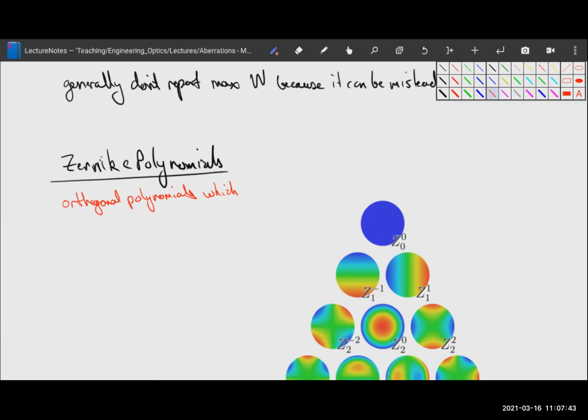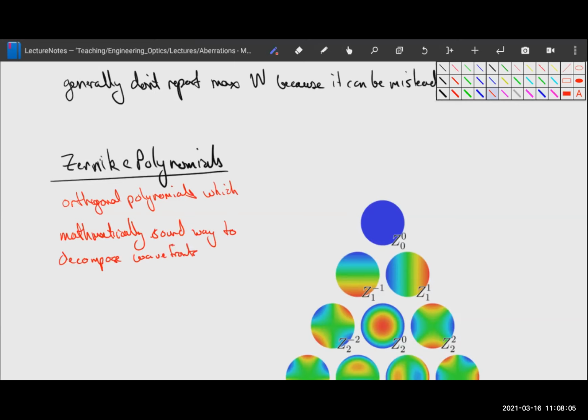So these are useful for describing wavefront errors because it's a mathematically sound way to decompose wavefronts.